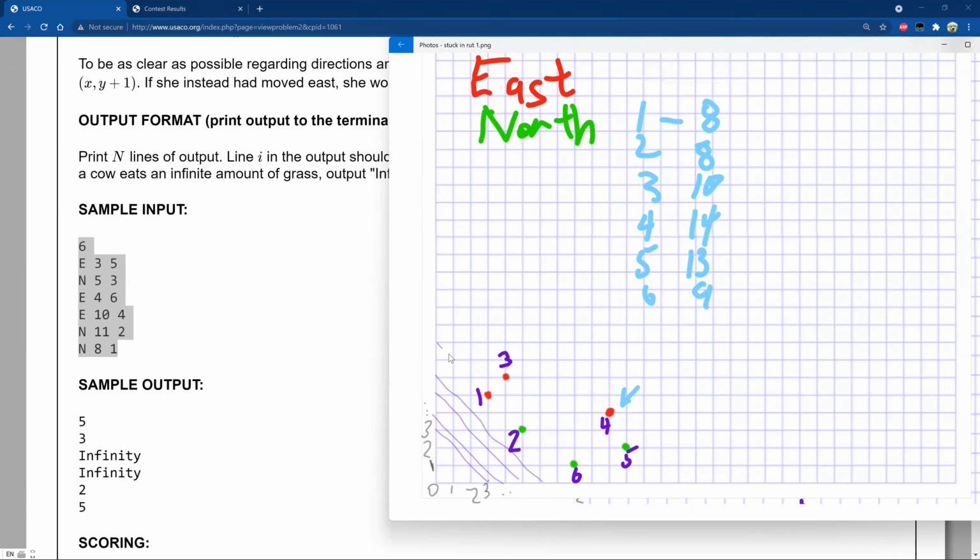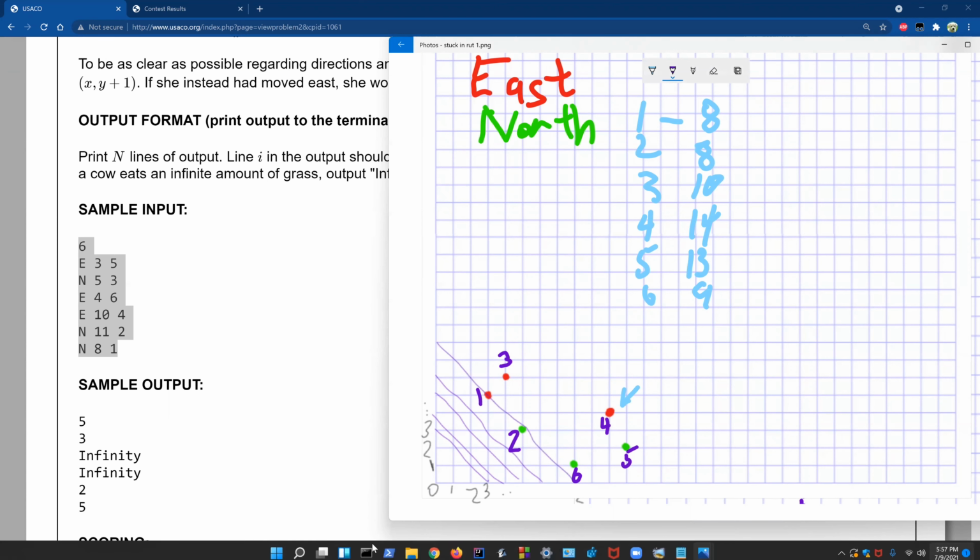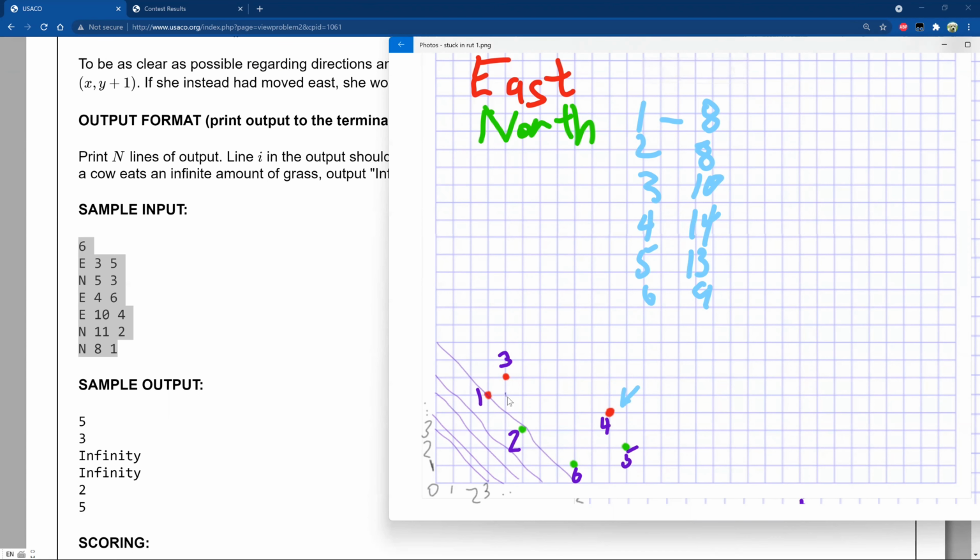They're both on this diagonal line. After the next moment, cow number 1 will be over here and cow number 2 will be over here, which means both will be on this diagonal line. And the next instant will be on this point, which means it will always stay on it.